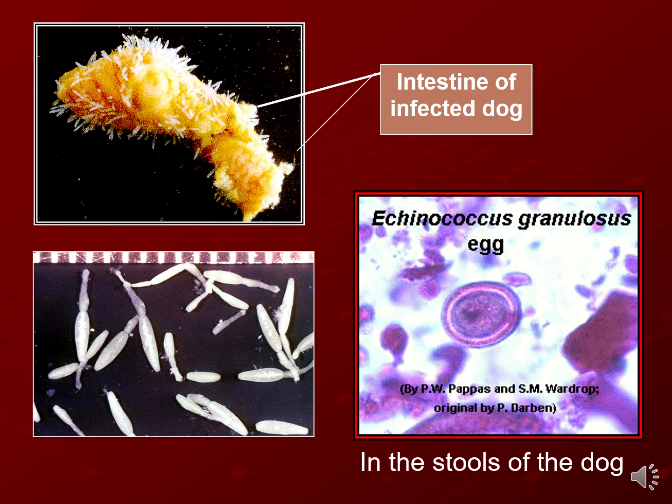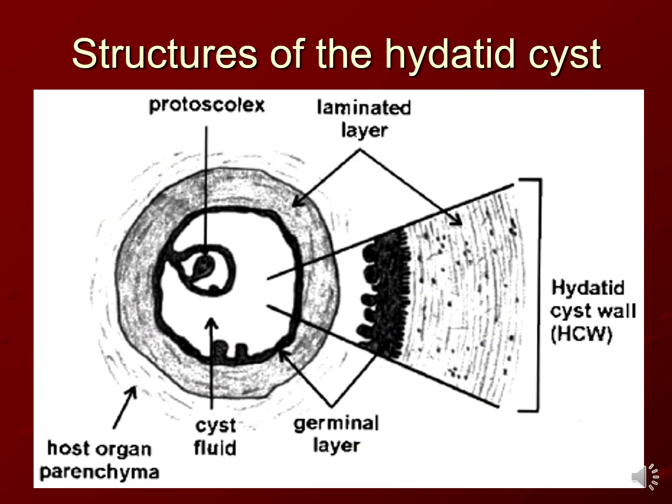And what we do in clinical medicine is that we examine human excreta, the stools of humans. Okay, the hydatid cyst. It's made up, starting from the right-hand side, of a laminated layer, which is about 1 to 3 millimeters thick, depending on the size of the cyst. The larger, the thicker.